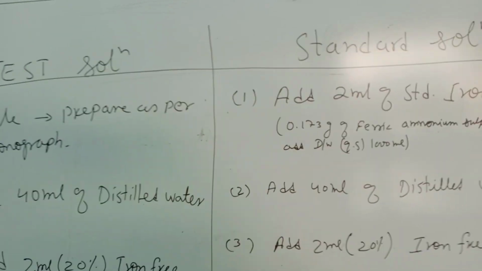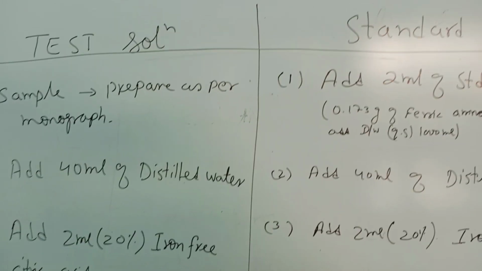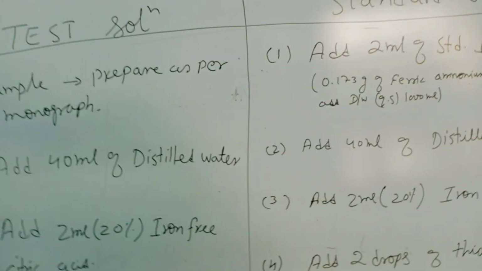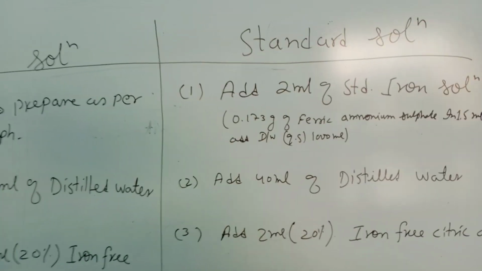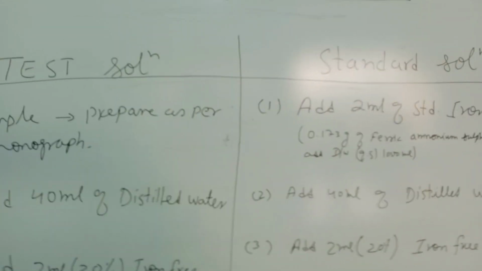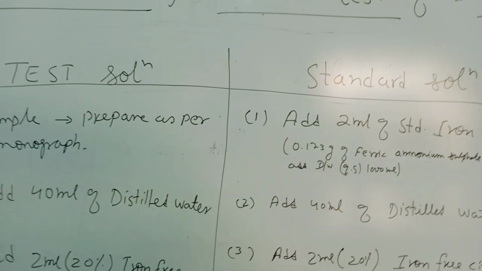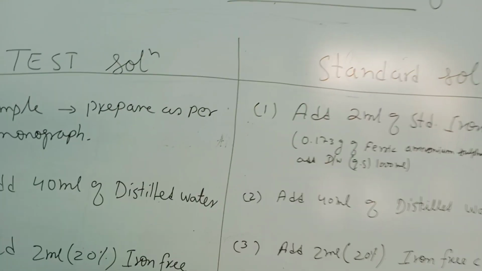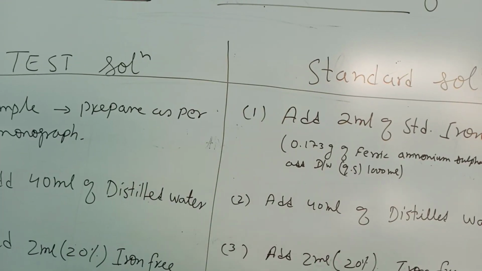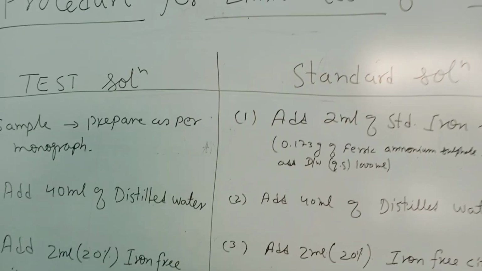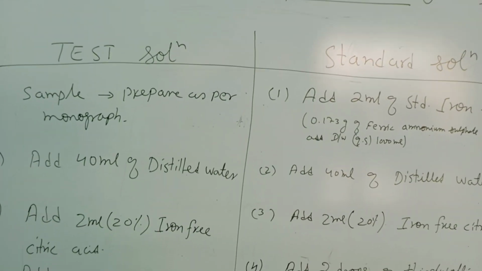However, if the color produced by the test solution is more than the standard solution, then, as I said earlier, the color produced by the test solution and the standard solution is directly proportional to the intensity or degree of color so produced.